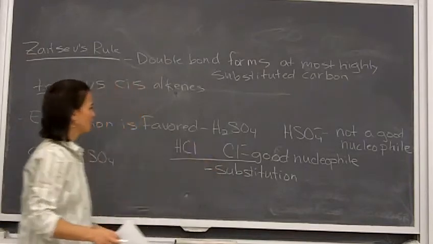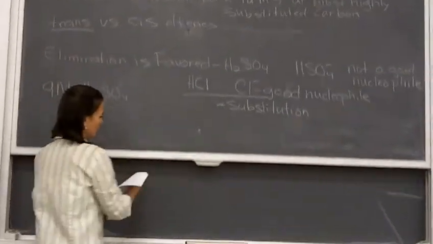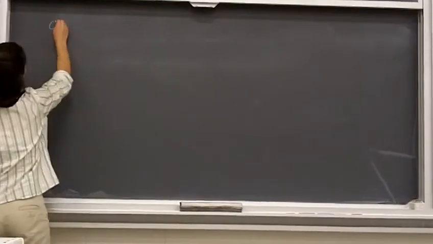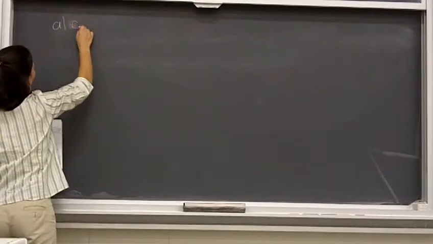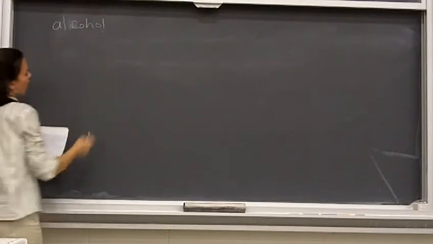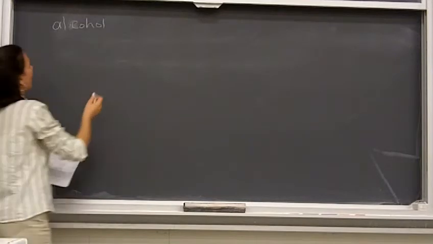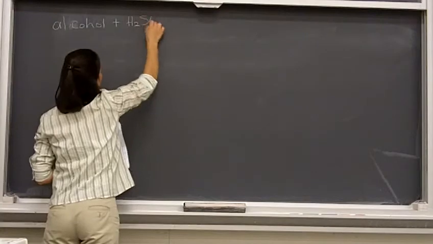All right? So what you're going to get with this mixture is you're going to have the alkene. Actually, sorry. We're going to start with our alcohol. So we're going to use all of our fractions of our alcohol that we think have products in it, plus the 9 molar sulfuric acid.